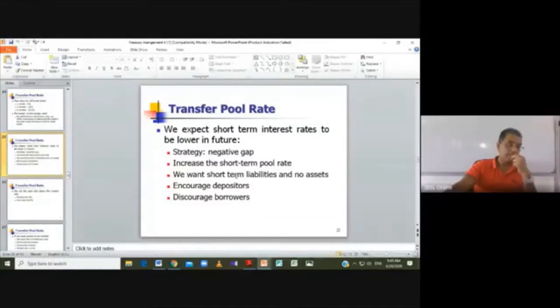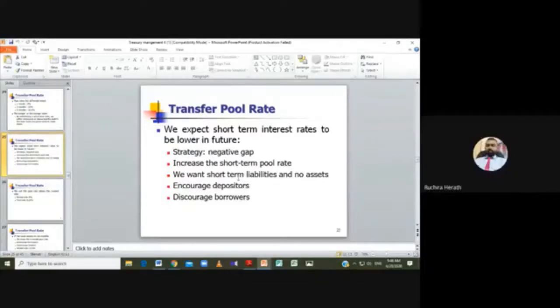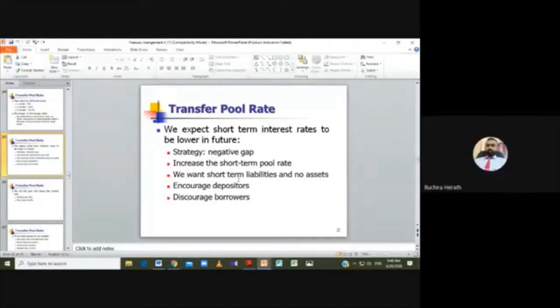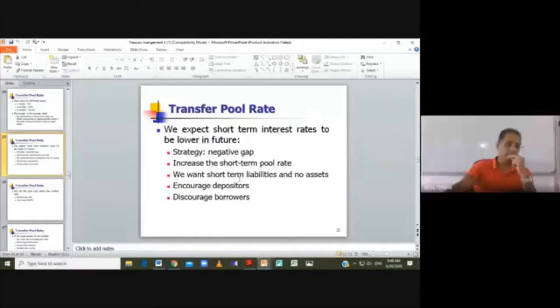If we expect short-term interest rates to be lower in future, so we expect interest rates to come down, what do we do then? We lend for 1 year, like more. As an example, if we borrow 6 months, we'll lend it for 1 year. Very good, exactly.